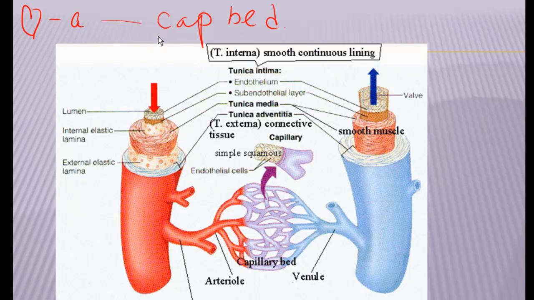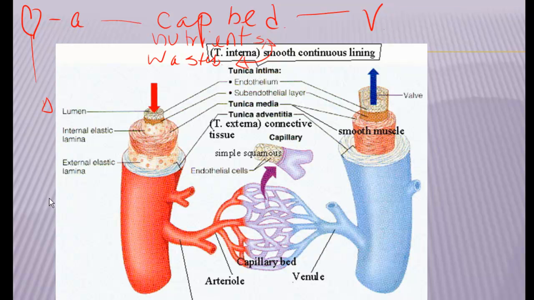Nutrients are going to exit the blood, and wastes are going to enter the blood. So it's an exchange. It's a swap, right? The nutrients get out, the wastes get in to the blood. Then once it's spent, used up, it's going to return back to the heart through the veins.